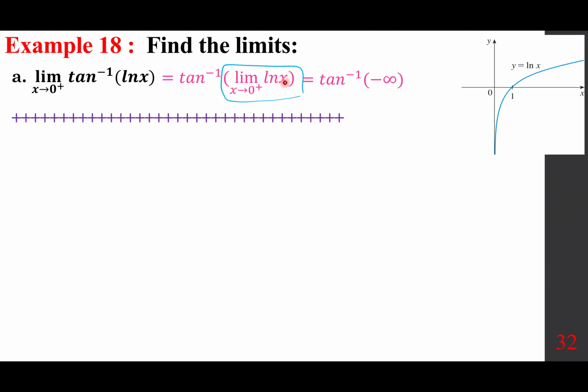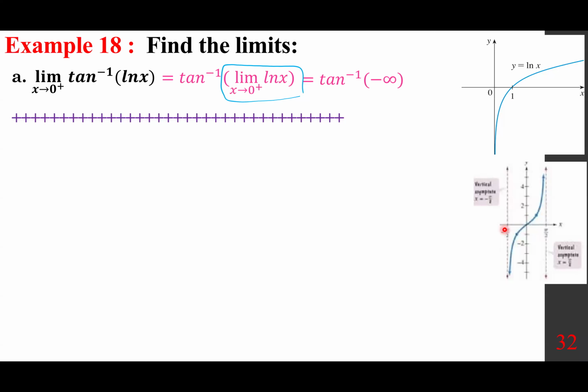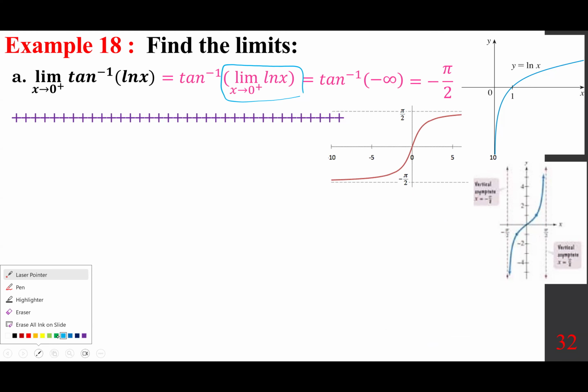Tan inverse of negative infinity, if you go with the graph that this was a tangent, one complete cycle. Remember the vertical asymptotes, x equals minus pi over 2 and pi over 2. And the inverse, those are the horizontal asymptotes. And therefore, for that, you can get negative pi over 2. One way to look at that, by the way, would be to use the following methodology.